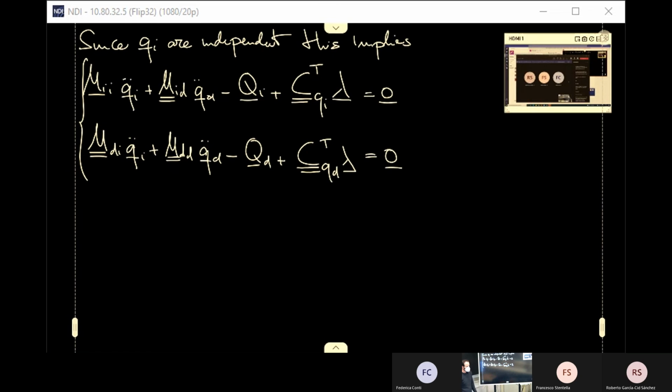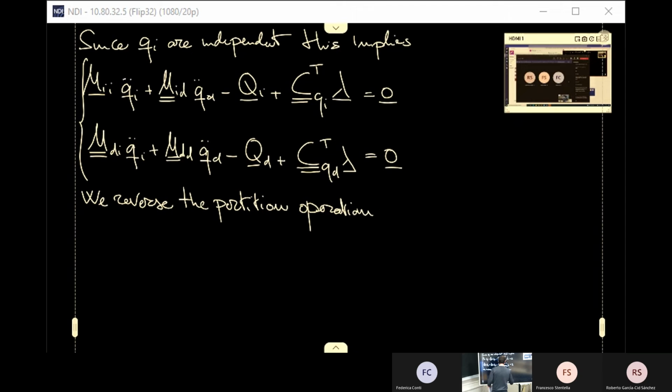Okay, so we can rewrite all of this. We can basically reverse the partition. And so we basically get the following. Yeah, let's write it like this.